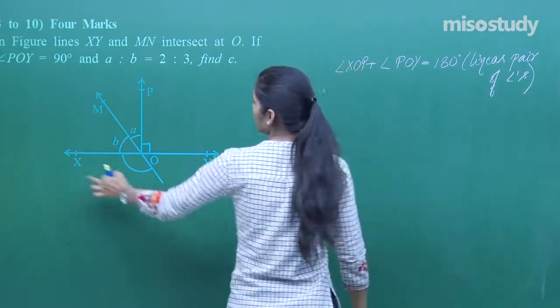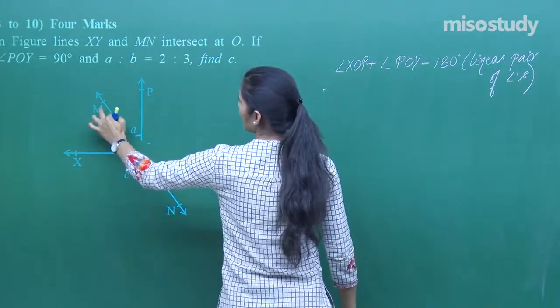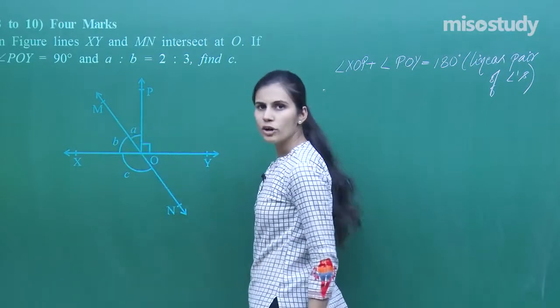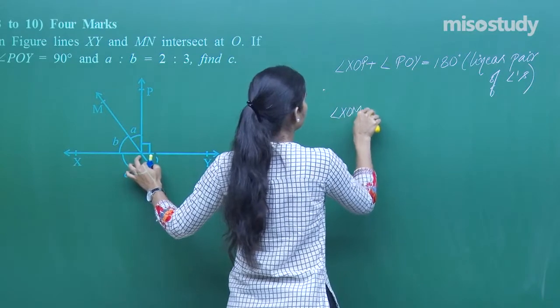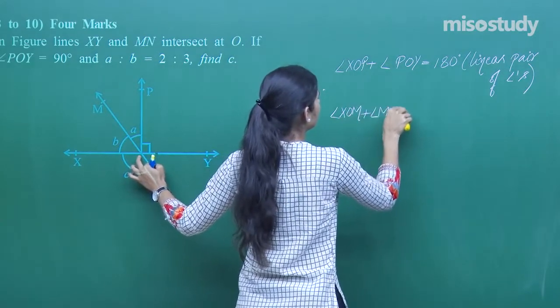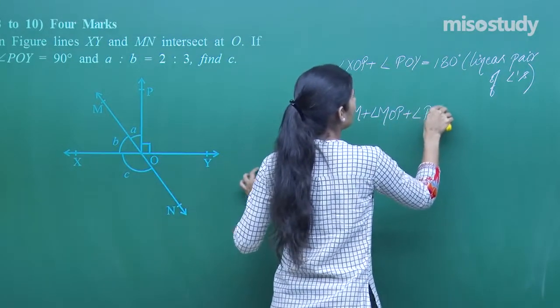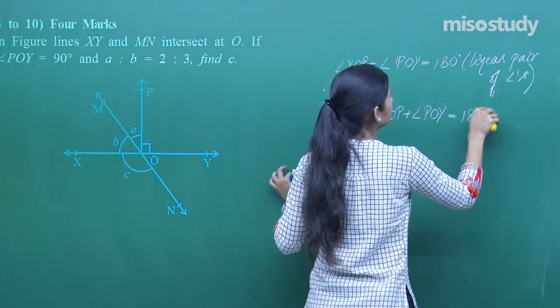But angle XOP is angle XOM plus MOP because M is an interior point of angle XOP. So I will have angle XOM plus angle MOP plus angle POY is 180.